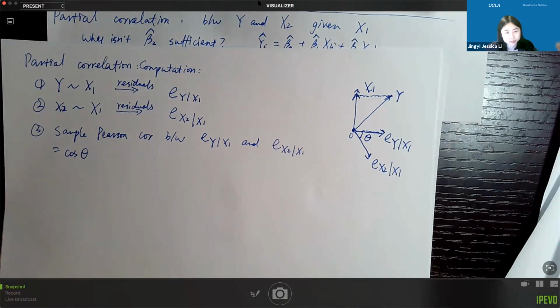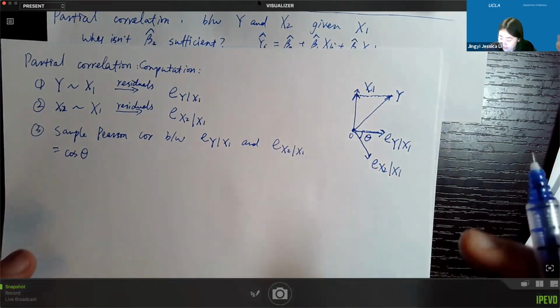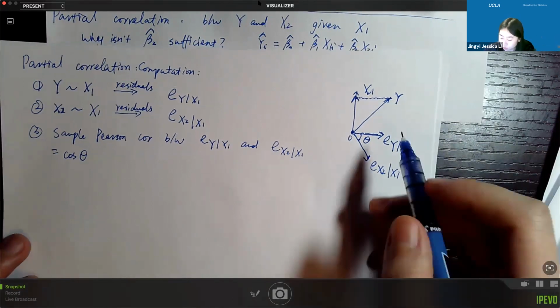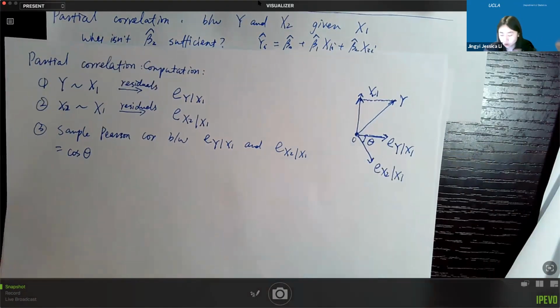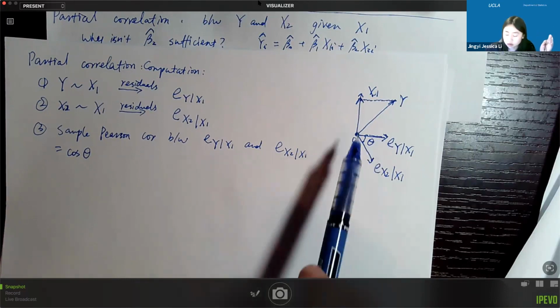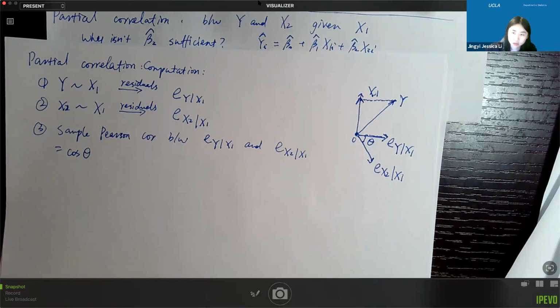So how do we interpret it? Let's say I have y and x2. If I do not do this partial correlation, it's possible that y seems to be highly correlated with x2 just because both of them are correlated with x1. That will make them seem very similar to each other.